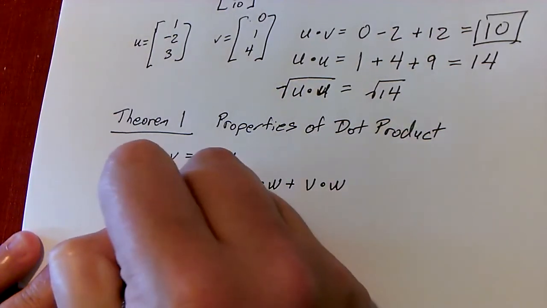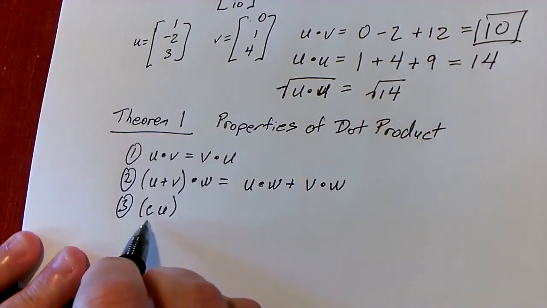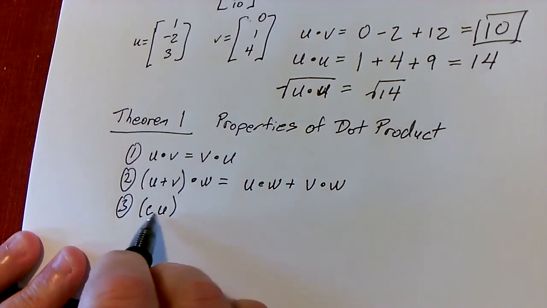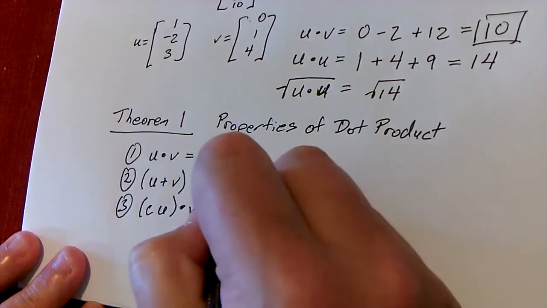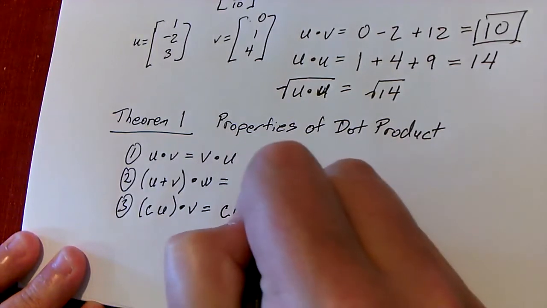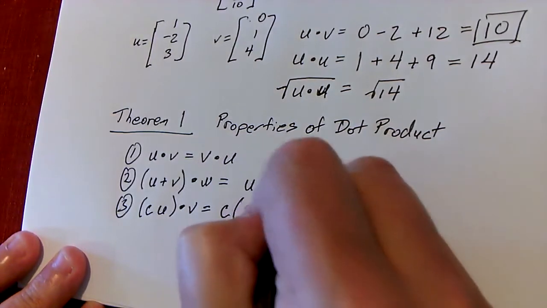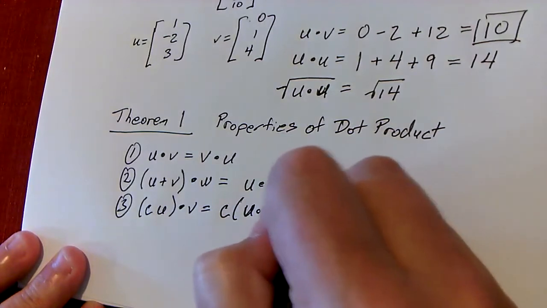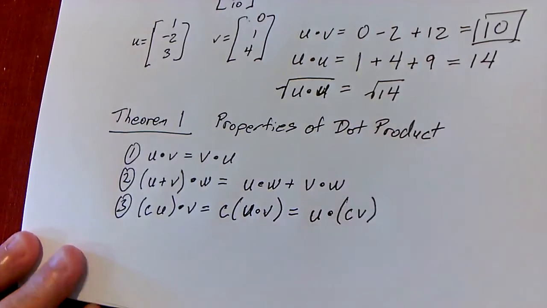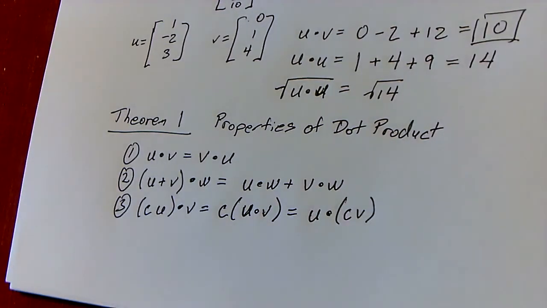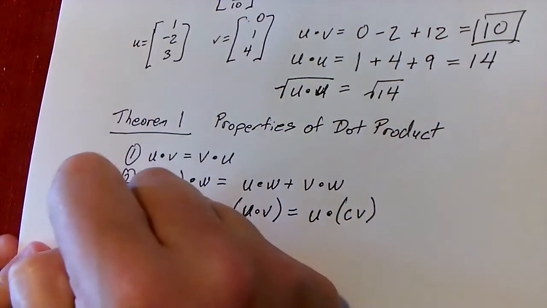So if I have CU, C is a constant here, it's a scalar, it's not a vector, dot V, that is the same thing as doing C on the outside with U dot V inside the parentheses, which is also the same thing as doing U dotted with CV. I can multiply that scalar constant anywhere along the way that it is easiest for me.